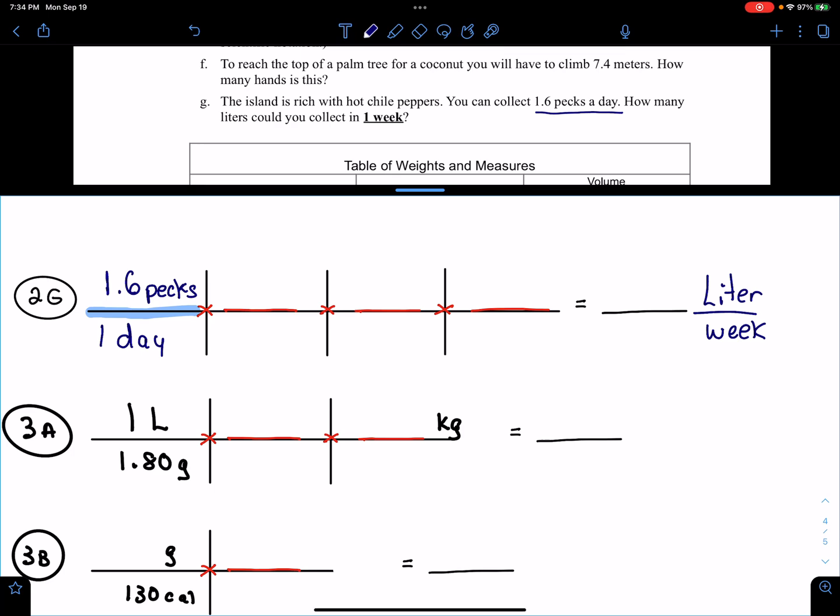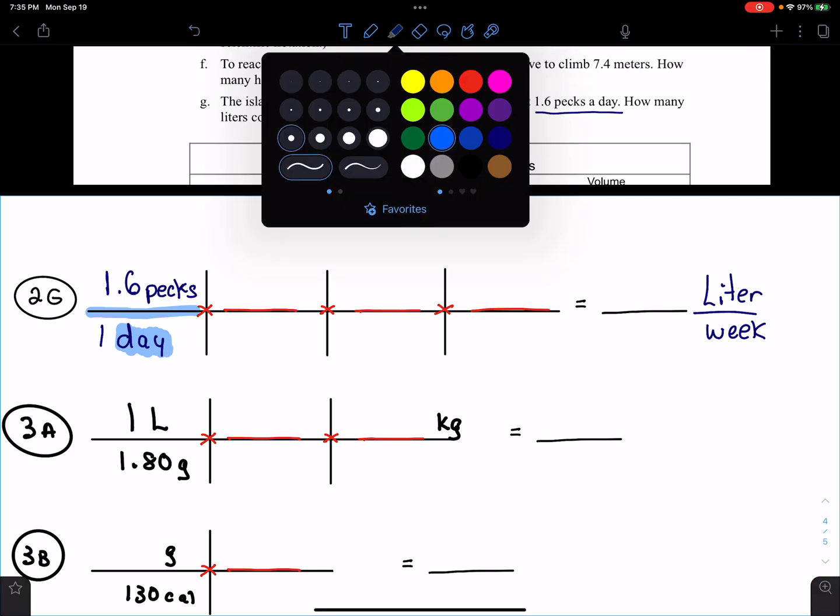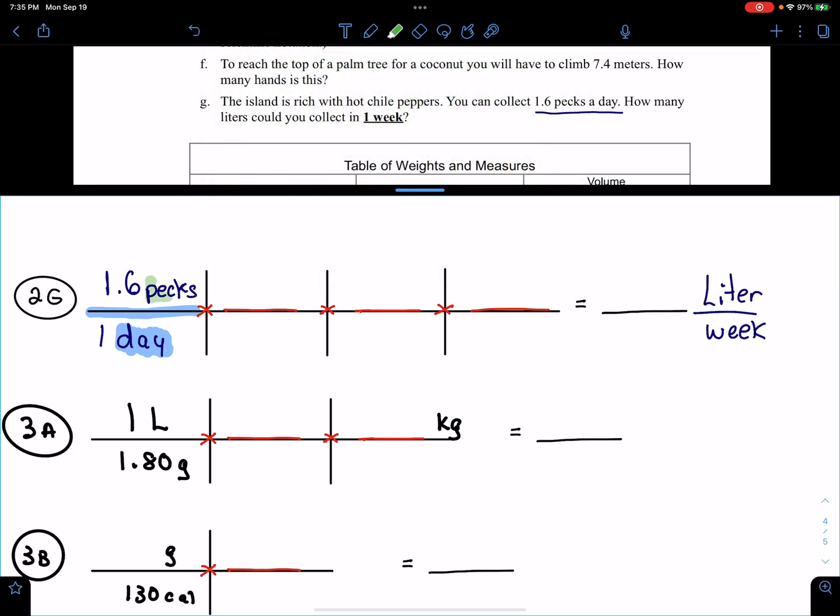All right, let's do the easy one first. Now I said that this is going to be a derived one because you have multiple units that you're having to convert at the same time. So if we want to get rid of day here, just like before, if you want to get rid of pecks, you have to put it down in the bottom right.